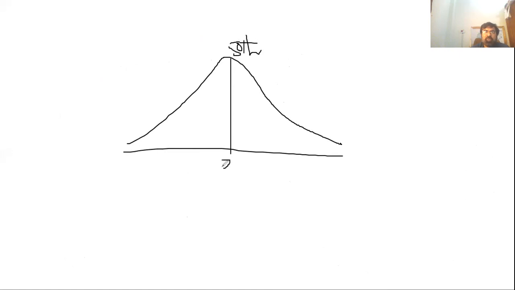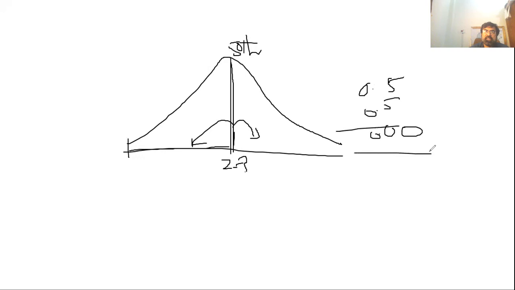Now what you have to do for a z-score, you have to subtract 0.5 from 0.5, because this person has not moved either to the right or to the left. So you subtract 0.5 from 0.5 and it becomes 0. So the z-score is equal to 0.